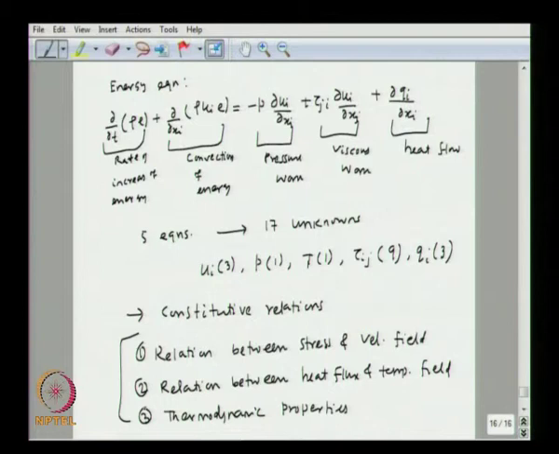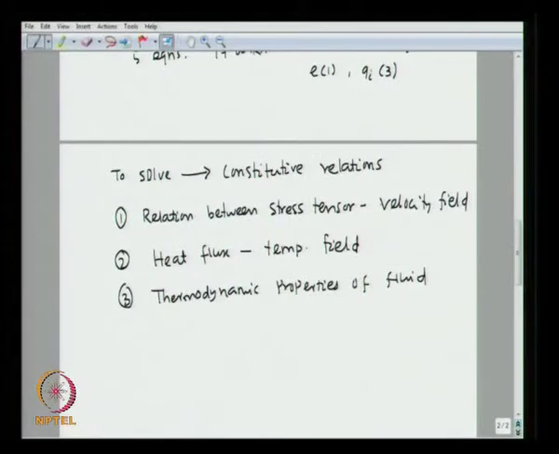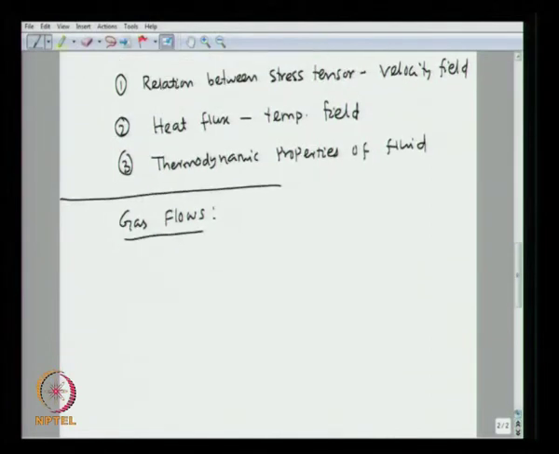So with that, first let us try to look at gas flows, then we will move on to liquid flows. The gas flows can be described by the kinetic theory of gases, and in order to apply the kinetic theory of gases, one requirement is that the molecules of the gases should move in a straight line between the collisions.